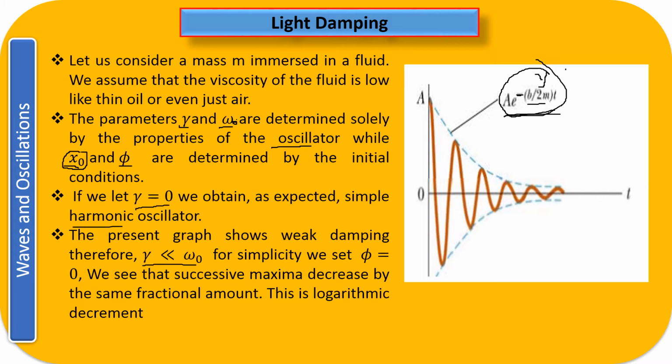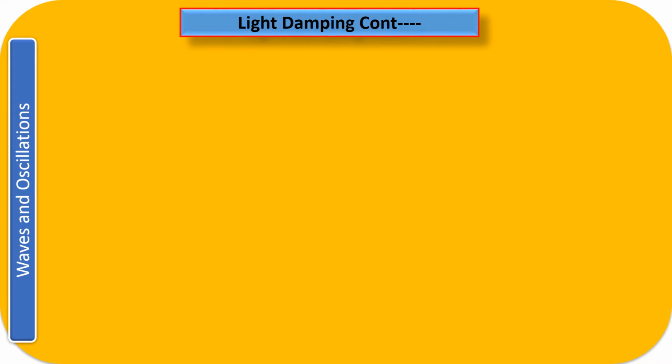Because it's a very small value of gamma. For simplicity, we have set the phase equal to 0, and we see that the successive maxima decrease by the same fractional amount. This is nothing but a logarithmic decrement. So as you can see, the amplitude is decreasing with time, and this type of oscillation is called your light damping oscillations, right? So this was your first type of oscillations. Let's move to the next one.